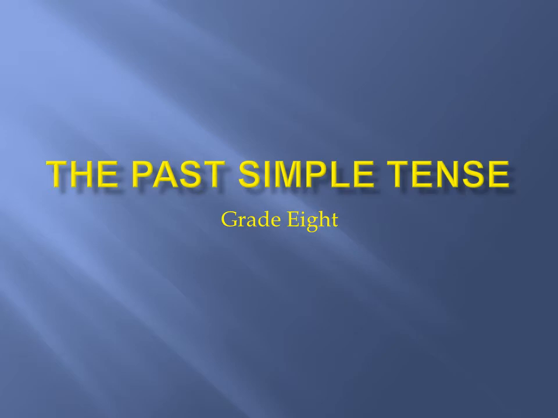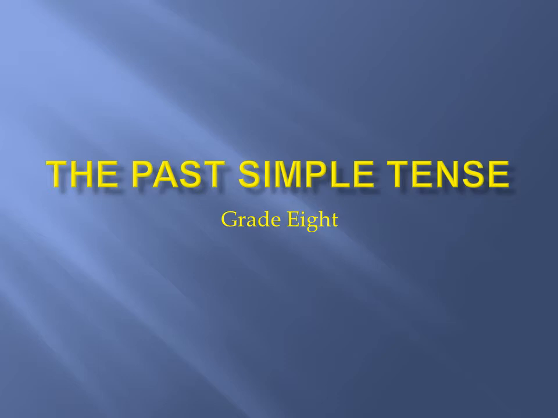So, we have two important elements to describe an action as past simple. First, it is already finished and has no relation with the time of now. For example, I visited him last week.